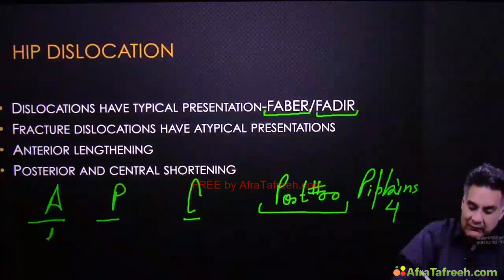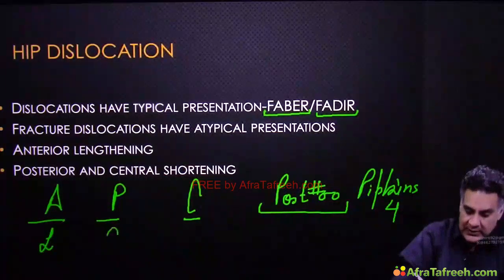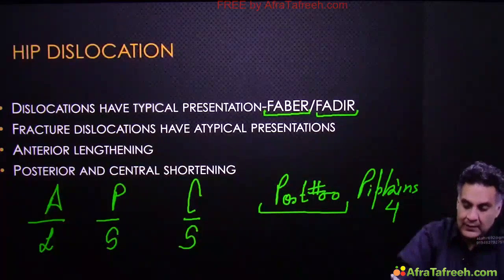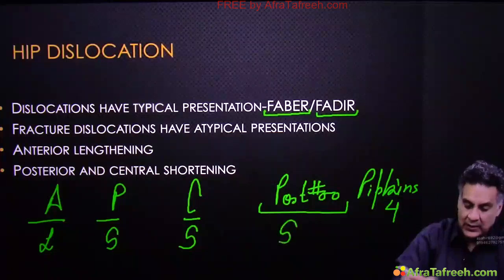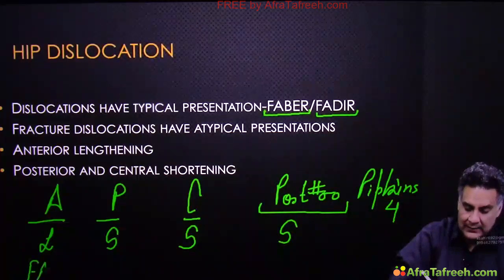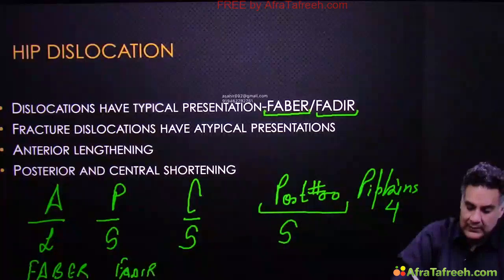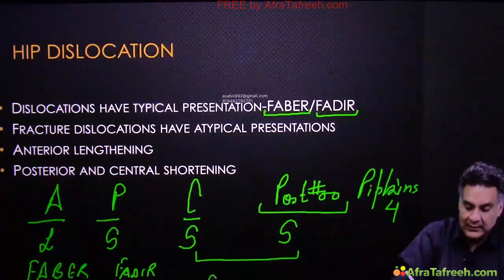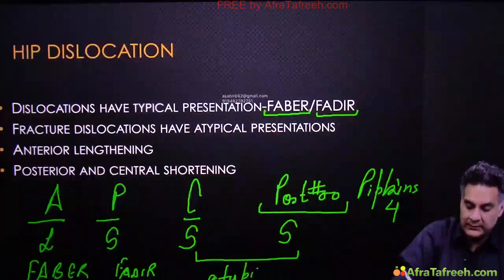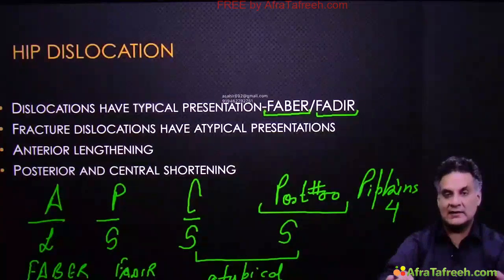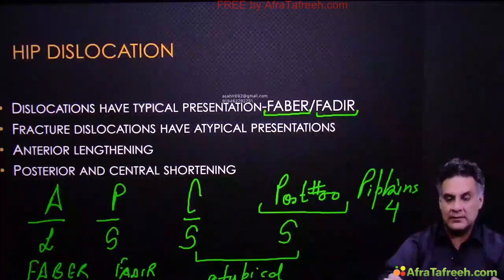So anterior will have lengthening, posterior shortening, central means inside the pelvis shortening, posterior fracture dislocation shortening. Anterior FABER, posterior FADDIR, and they will not have FABER-FADDIR, they will have some other combination, atypical. That is the classical thing that you must remember.